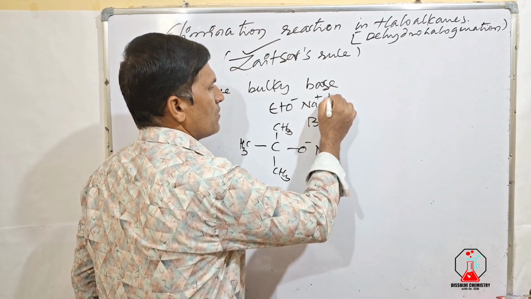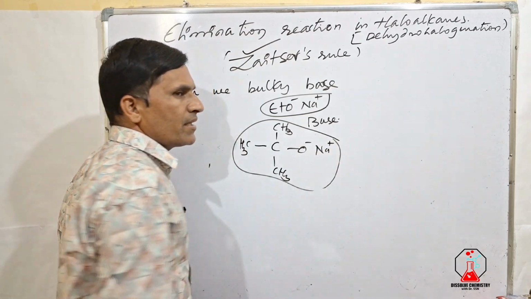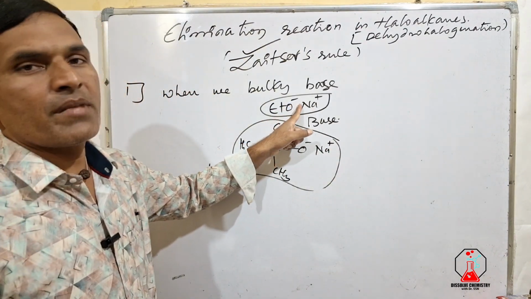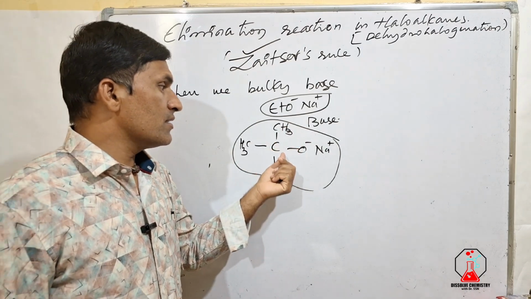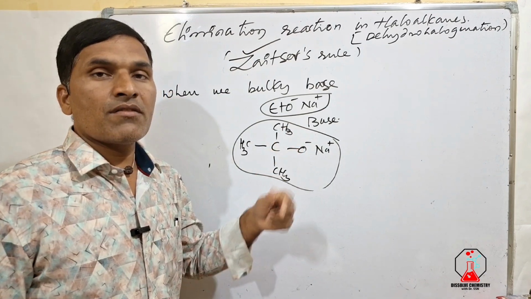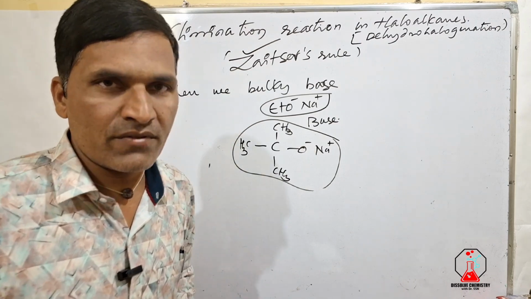Now when you use these two, your product will be different. For this, your major product will be Zaitsev's product, and in the presence of this bulky base, your product will be called the Hofmann product, or anti-Zaitsev's product.